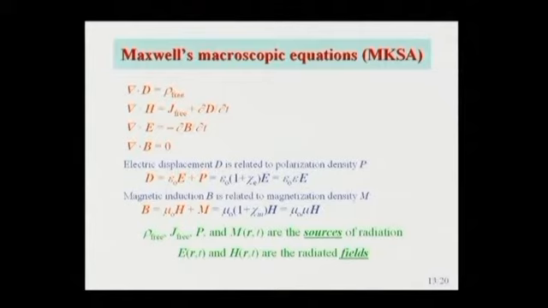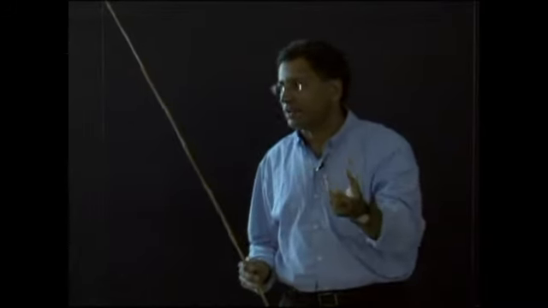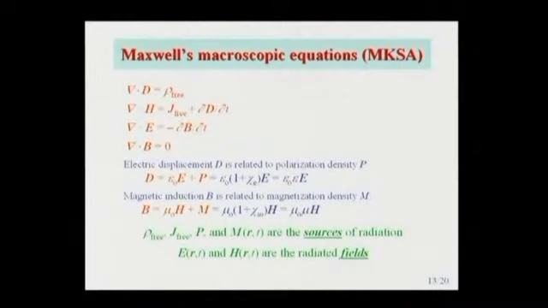They have material in them and they have fields in them. So there are 4 sources and 2 basic fields, the E field and the H field, in Maxwell's theory. And all Maxwell's equations tell us is the relationship between the fields and the sources. If you know rho, J, P, and M, you can calculate E and H.